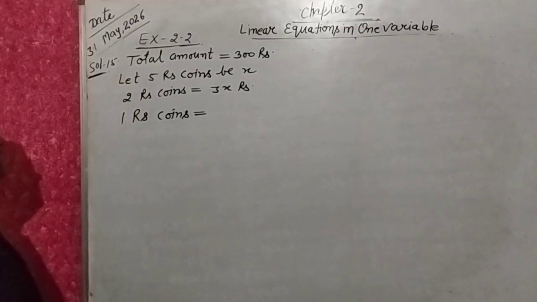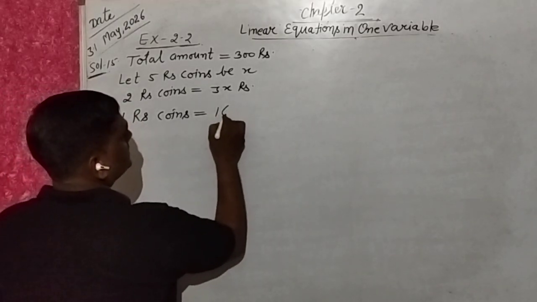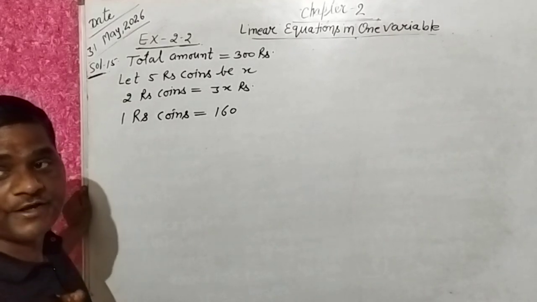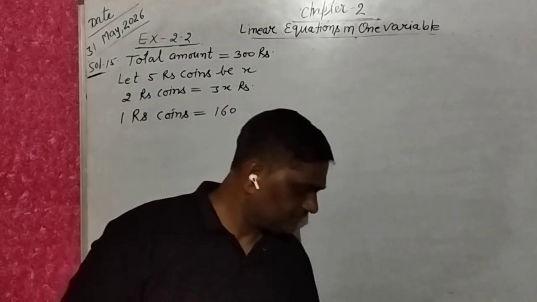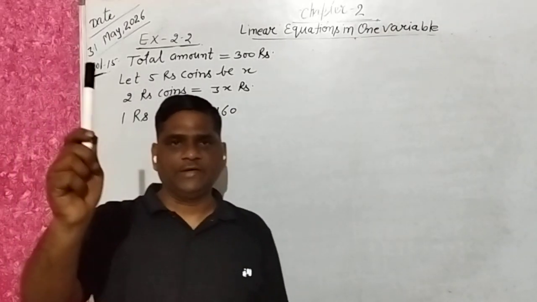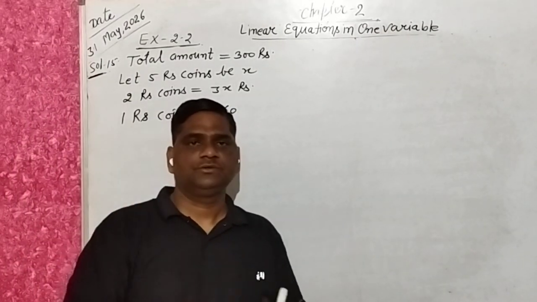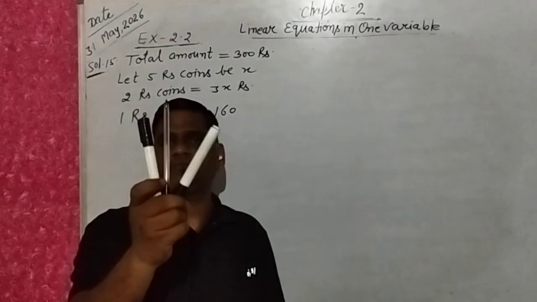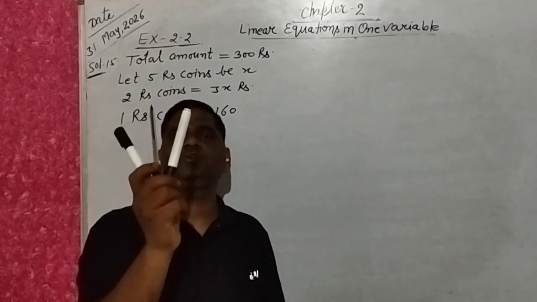The 1 rupee coins is equal to 160 minus, because the total number of coins is given. First of all, you see here: 5 rupees, 2 rupees and 1 rupees coins, total is equal to 160.